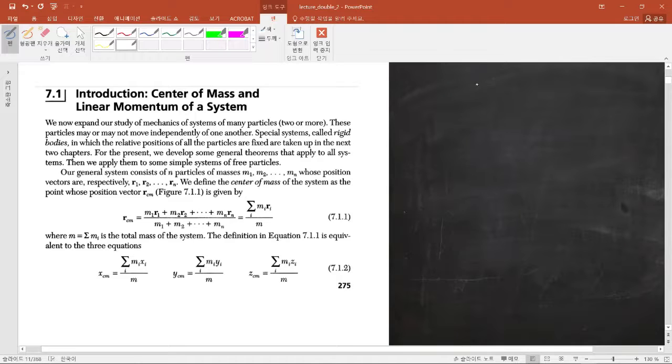So in general, if you have a rigid body, it will have a center of mass somewhere, not necessarily inside the rigid body. It could have the center of mass outside, for example, like this object.